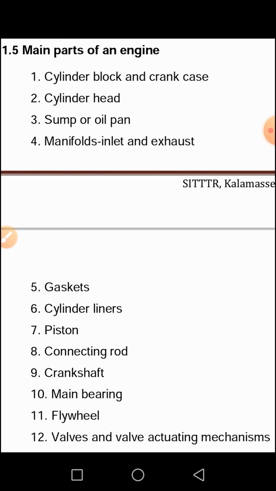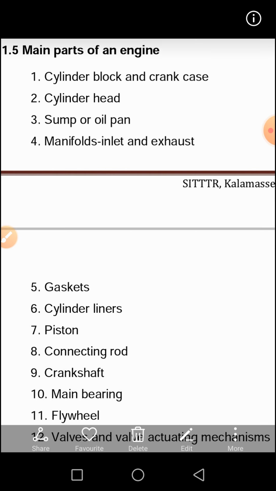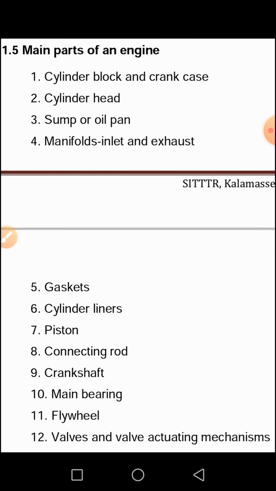The main parts of an engine are as follows: cylinder block and crankcase, cylinder head, sump or oil pan, manifolds that are inlet and exhaust manifolds, gaskets, cylinder liners, piston, connecting rod, crankshaft, main bearing, flywheel, valves and valve actuating mechanisms, and camshaft. These are the main parts of an engine.